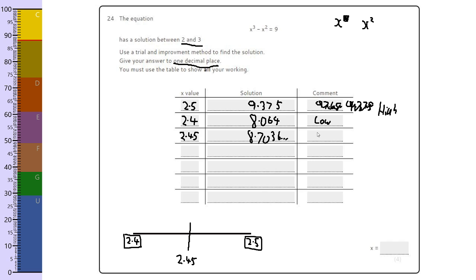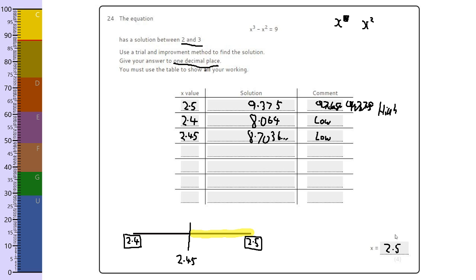Okay, and that is too low. So we know that our answer is somewhere along here, okay, because this is too low and this is too high, so it's somewhere along here. No matter where it is along here, it will always round to 2.5.